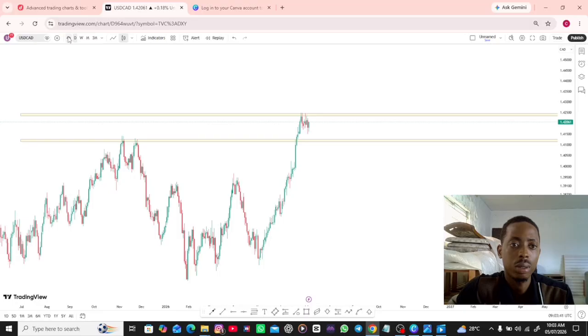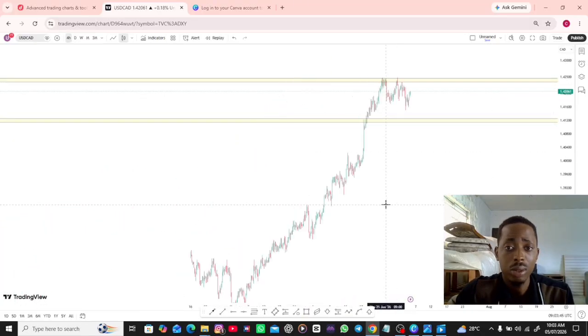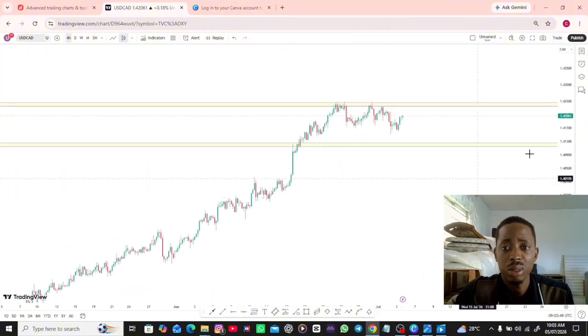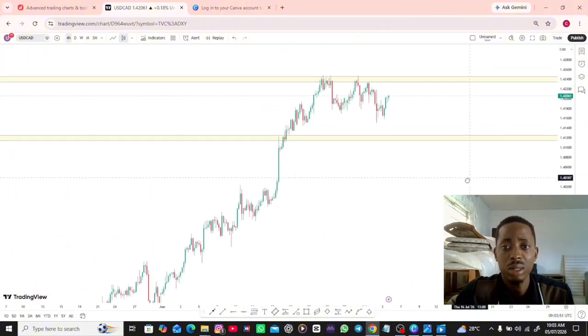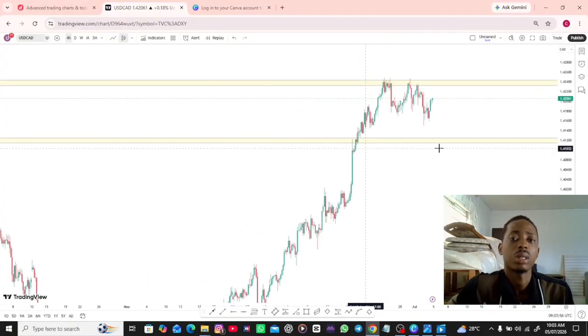Let me go down to my execution time frame, the four hours. As you guys can see, this is a pure breakout structure. The market has eventually broken the structure. So what am I expecting?